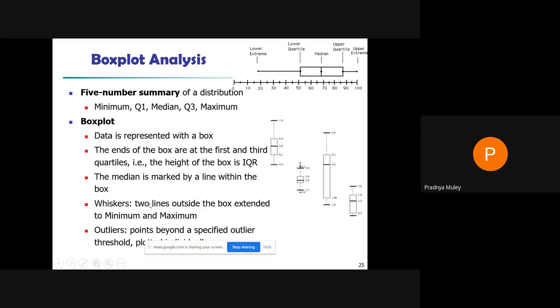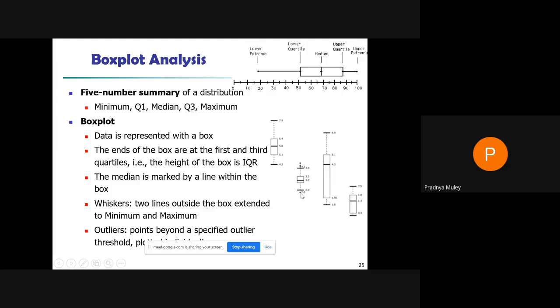Whiskers: two lines outside the box extended to the minimum and maximum. These are called whiskers. Outliers. Now, what are outliers? Points beyond a specified outlier threshold are called outliers. For example, if we consider this box plot, this is the minimum value, this is the maximum value, and this is the interquartile range.